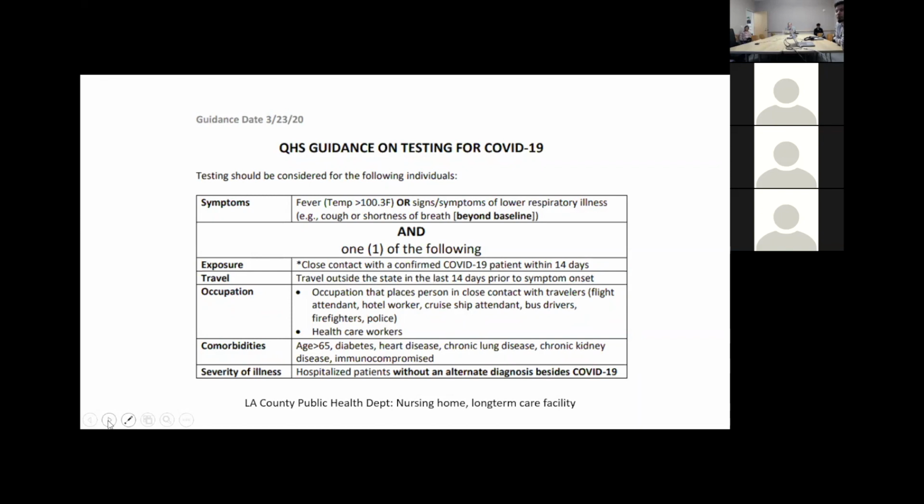When you compare our criteria to, say, LA County Public Health Department, they are also looking closely at nursing home residents and long-term care facilities, because of their demographic of who is getting the disease.